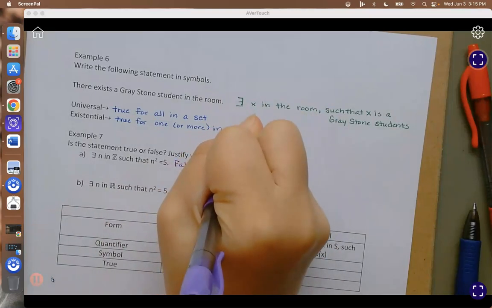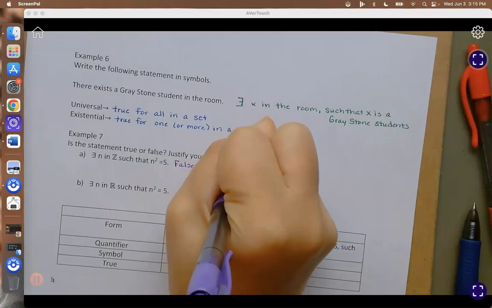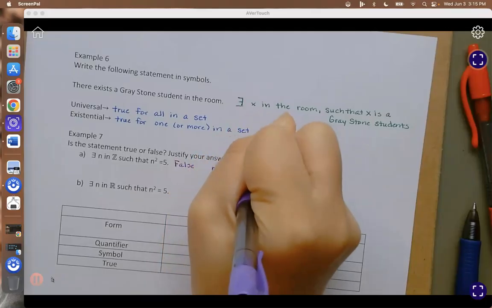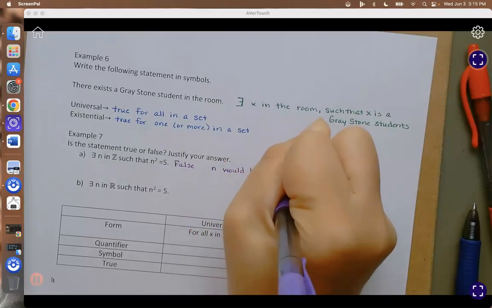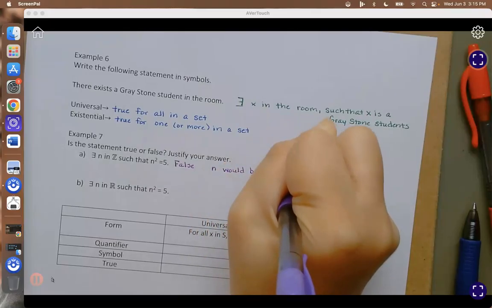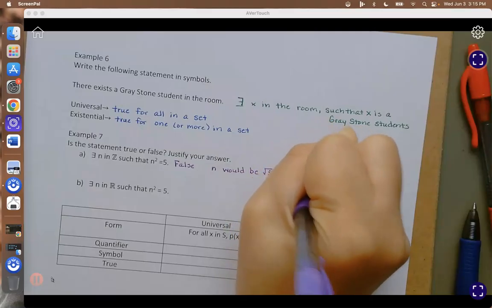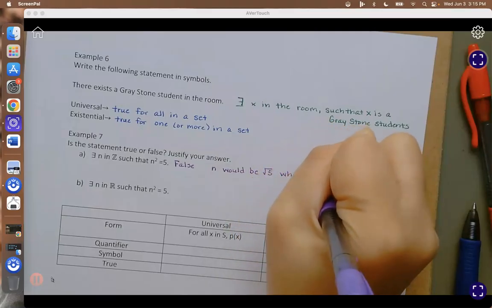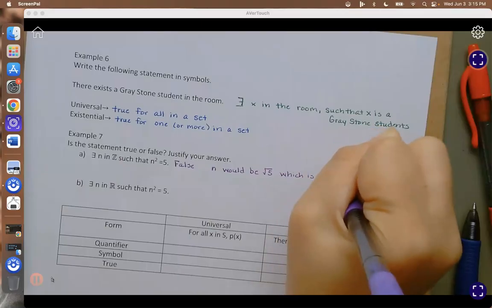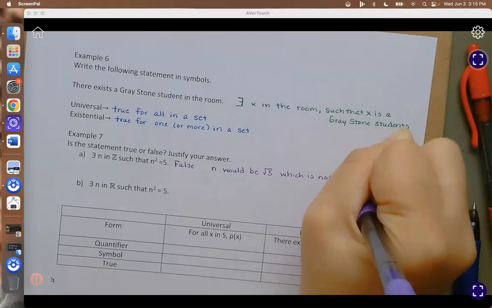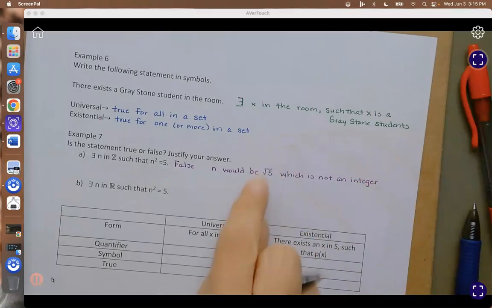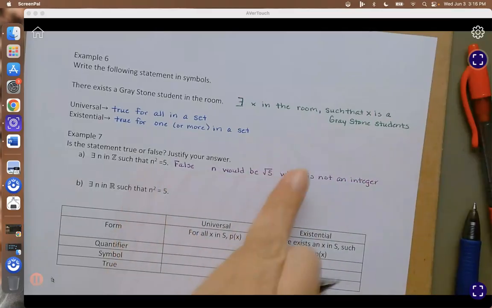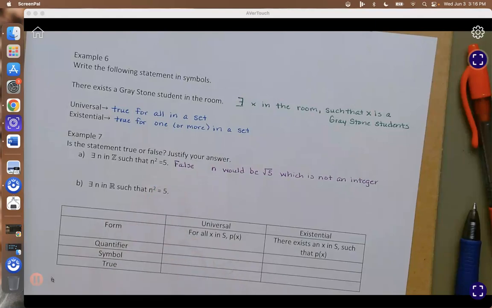So n would be square root of 5, which is not an integer. Because remember, when you square a square root, they cancel each other out. So that's the only thing that could go there that would give you 5.